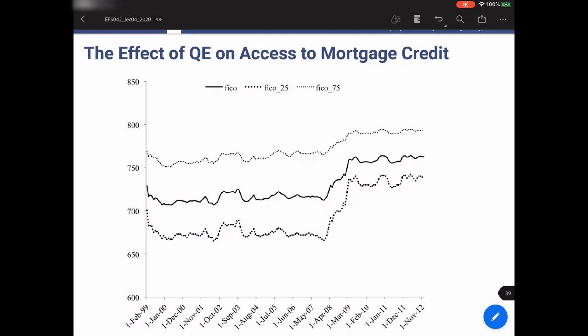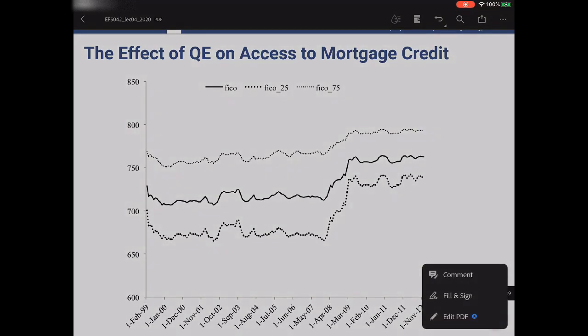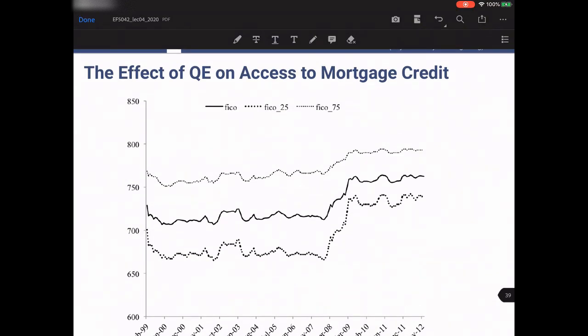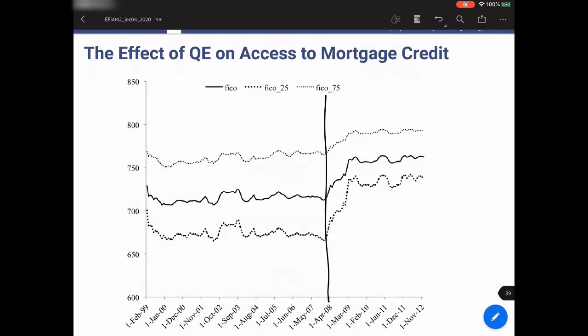Okay, and what this graph tells us is that QE actually did have a positive effect on people's FICO score or credit score. If we look at the announcement of QE, which is around late 2008 and early 2009, from this period on, we see that everybody's FICO score essentially went up by about 50 points, right?